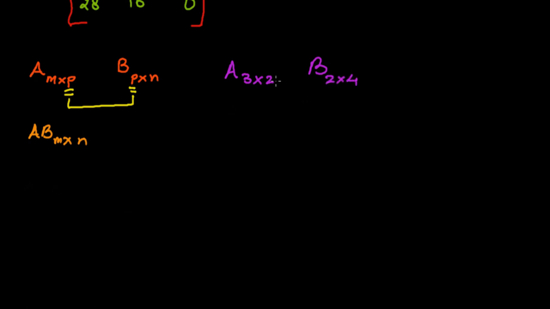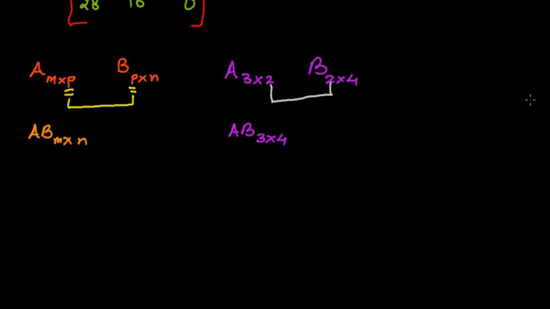The number of columns in matrix A is 2 and the number of rows in matrix B is 2, so they compensate each other and we get matrix AB of order 3 by 4. The number of rows is 3 and the number of columns is 4. This is a very specific characteristic we have to follow in the multiplication of a matrix with a matrix.